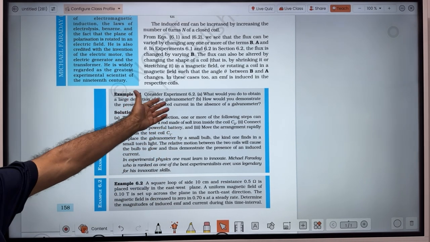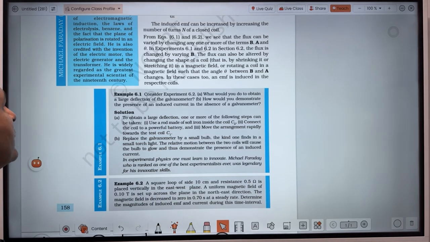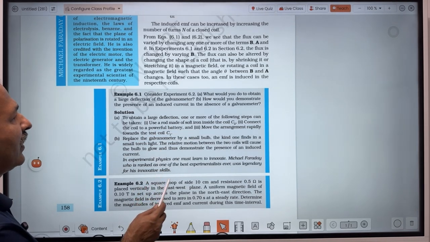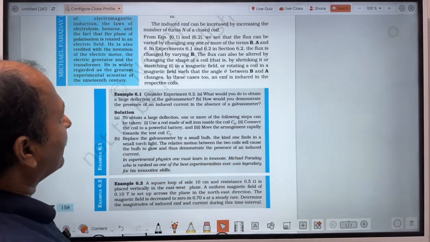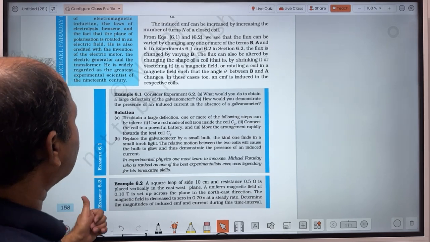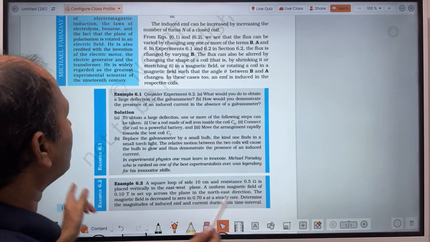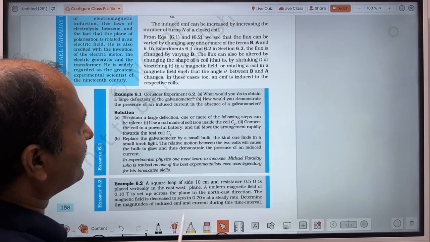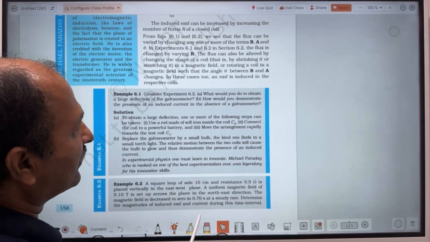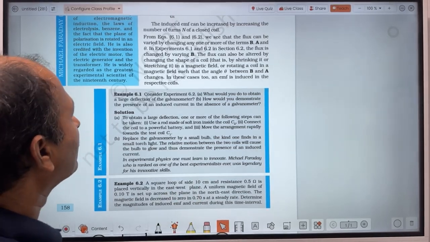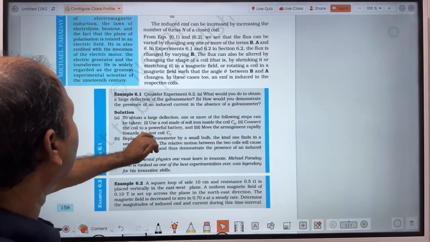So experiment 6.2 means there is one coil, one magnet is being brought closer. That was the first experiment. In the second experiment there were two coils. One coil was connected to the battery, another was connected to the galvanometer. So that experiment they are talking about.